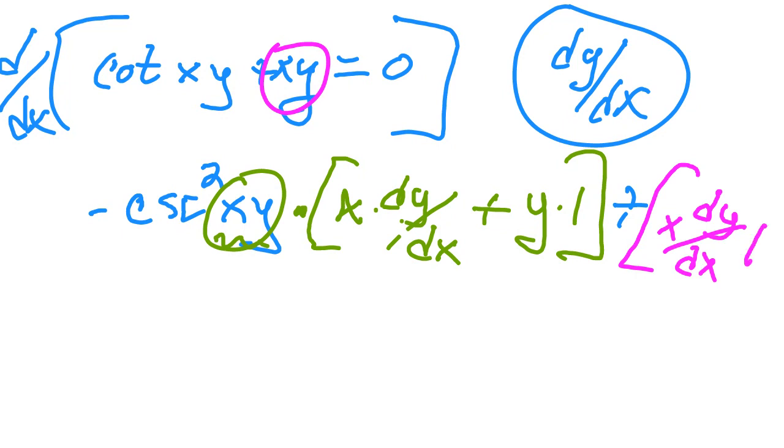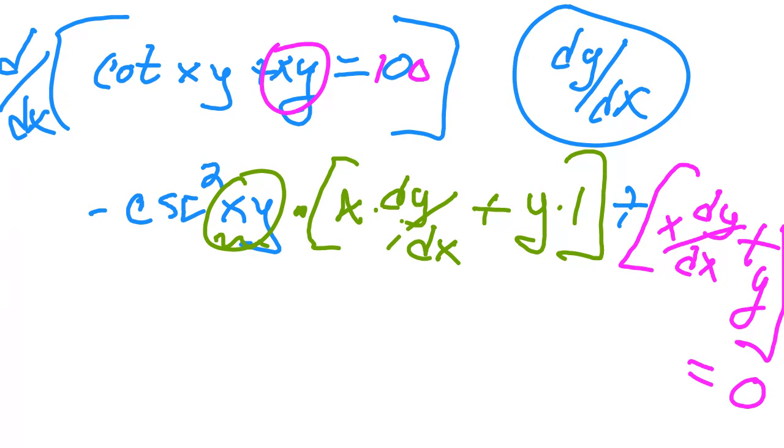Plus the second one times the derivative of the first one, which is y times 1. And then on the right, I don't care if this had been a 100 over here. The derivative of any constant with respect to any variable is 0, right? It was a 0 already, so it didn't matter.